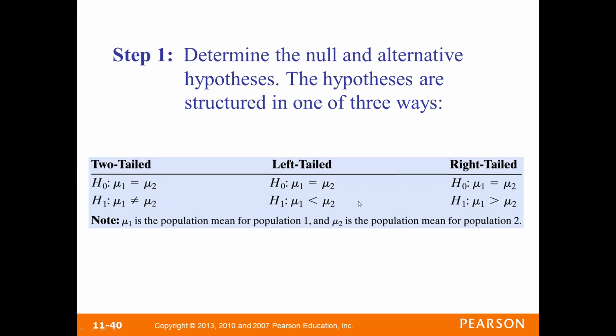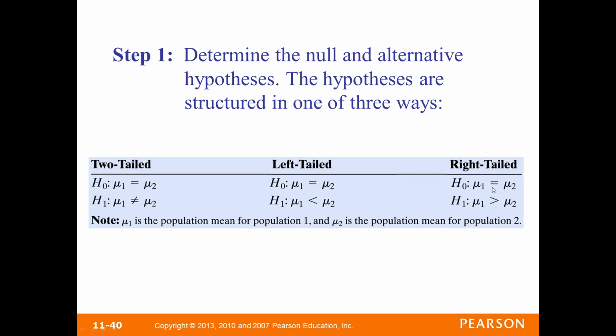The alternative will be dictated by what specifically we're interested in. If we're just wanting to know if they're different, then I'll use mu1 is not equal to mu2. If I think the first population has a smaller mean than the second, I'll use mu1 less than mu2. And if I think that the first population has a higher average, I'll use mu1 greater than mu2.